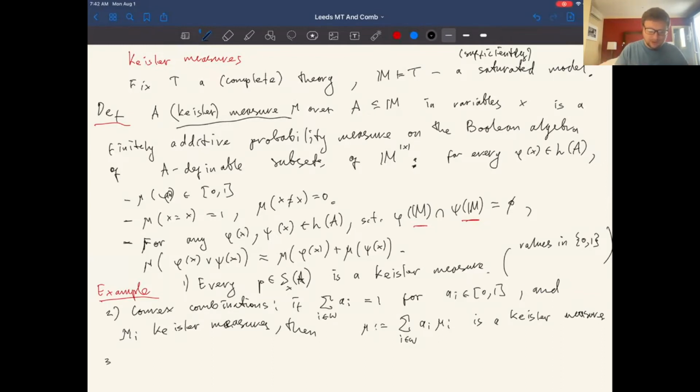Okay, another example is the pseudofinite measures, which we discussed earlier.